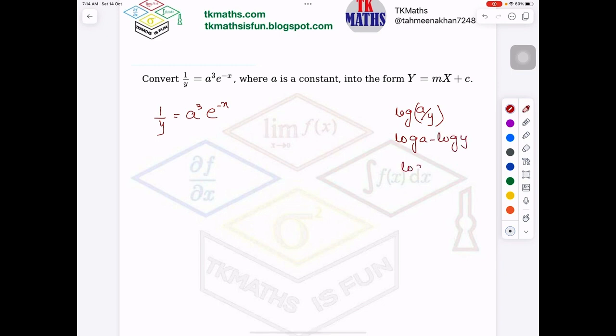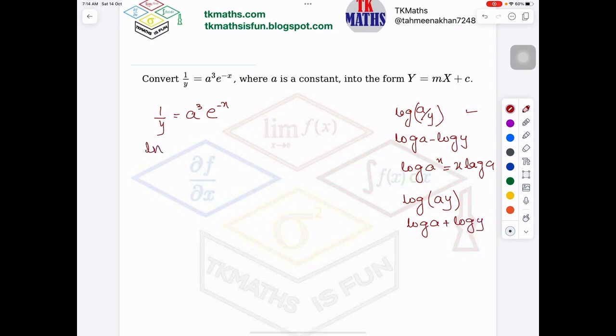Similarly, if I have log a power x, it can be written as x times log a. This is called power law. This one is called quotient rule. And what is product rule? Because we will apply that also here. If two terms are multiplying, then by product rule, you get a positive sign in between the terms.